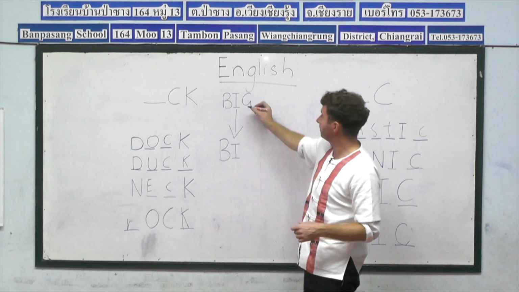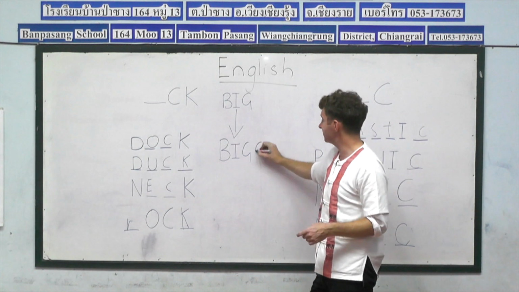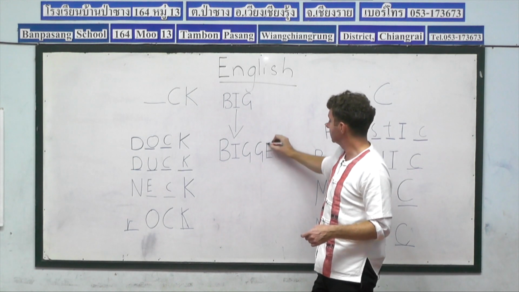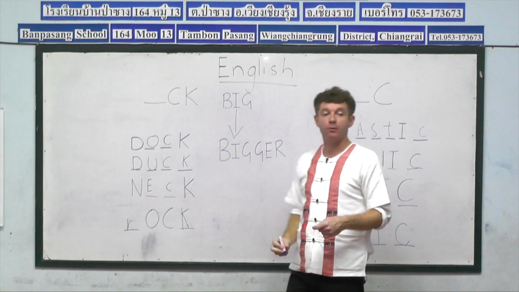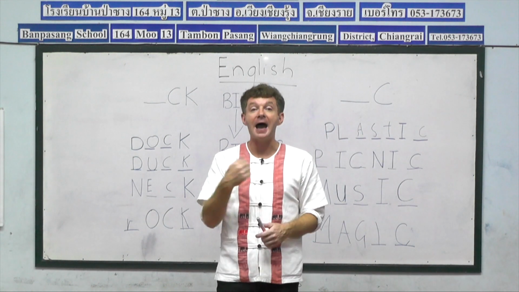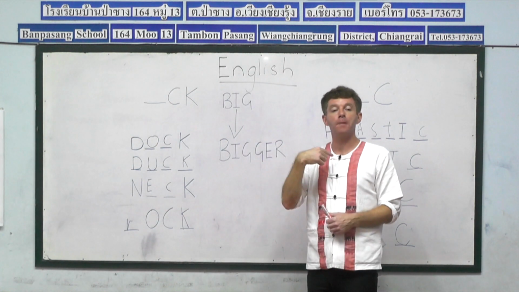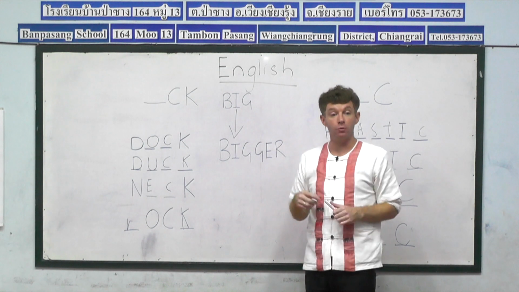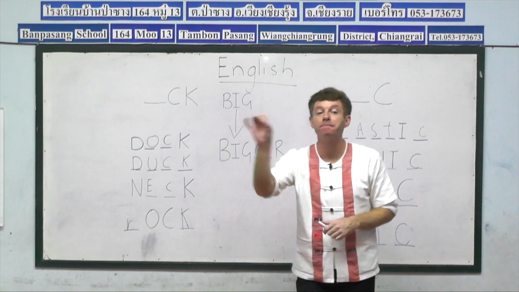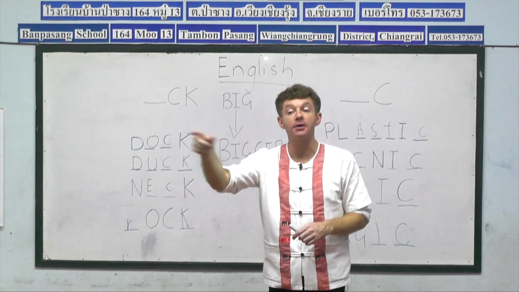So for example, big, B-I-G, before bigger, we need to add some letters. Yes. For example, teacher is big. I am big. But then, when I talk about myself and compare with you guys, I am bigger. I am bigger than you.